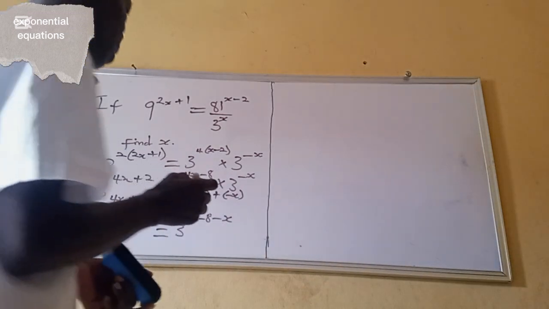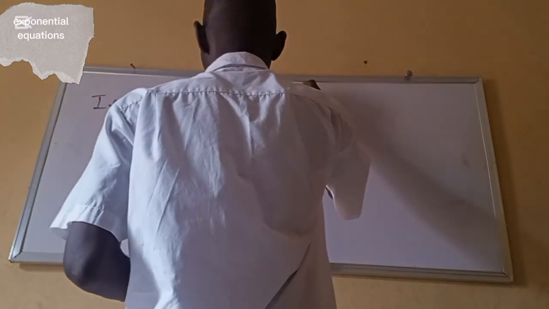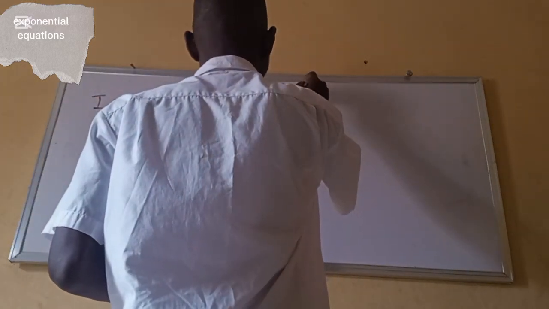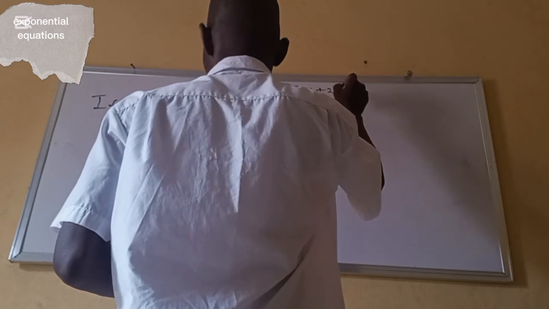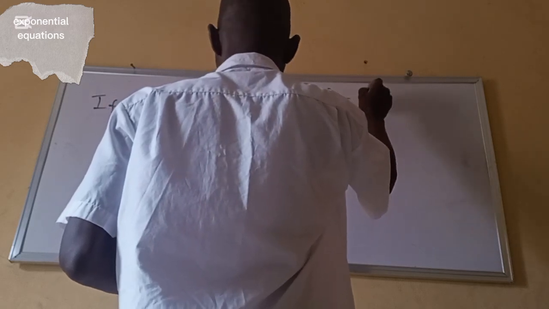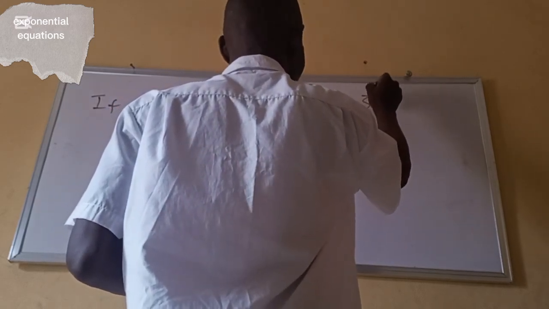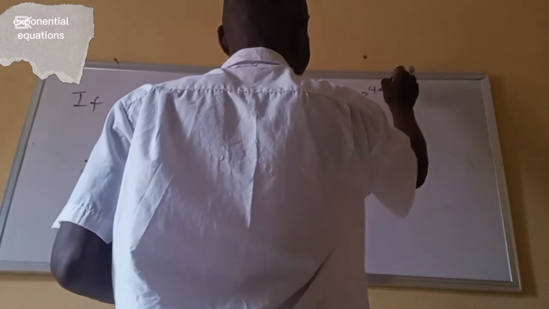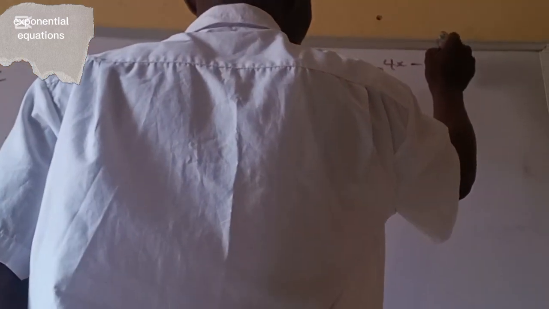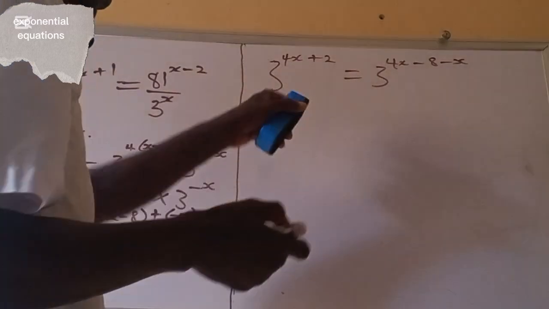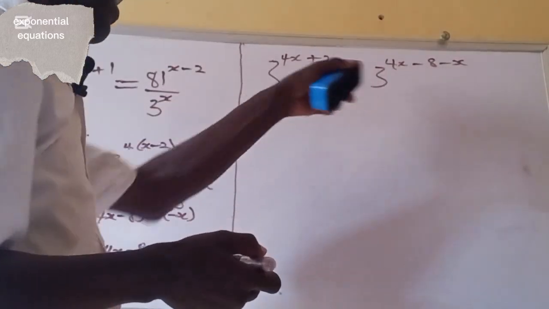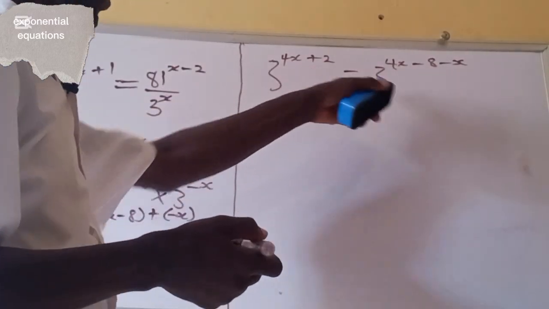Are you following? So you have 3 raised to the power 4x plus 2 is equal to 3 raised to the power 4x minus 8 minus x.